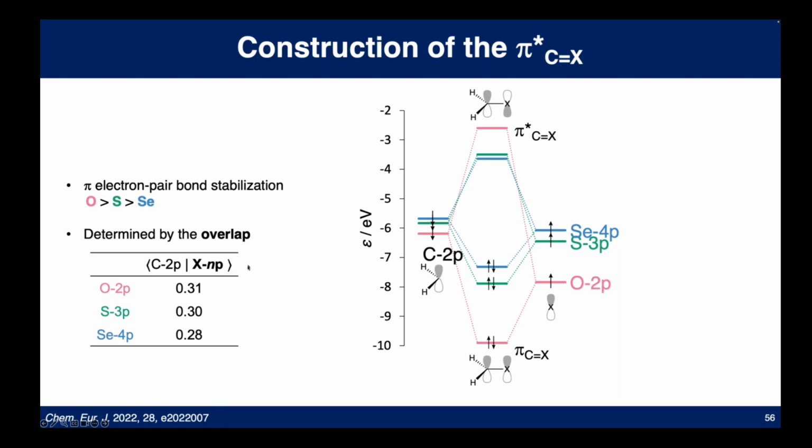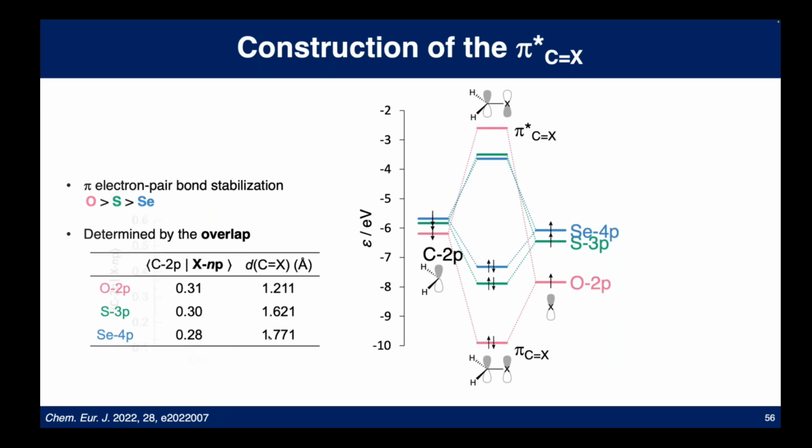So the overlap between the carbon 2p and the p orbital on the chalcogen is larger for oxygen than for sulfur and selenium. But of course you will say, yeah, but selenium has a longer bond with carbon, and that is indeed the case. The carbon selenium bond is longer, but why is that?